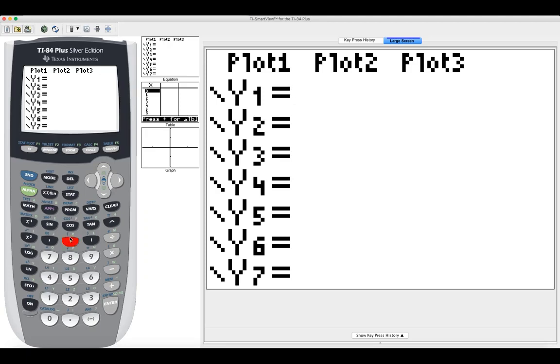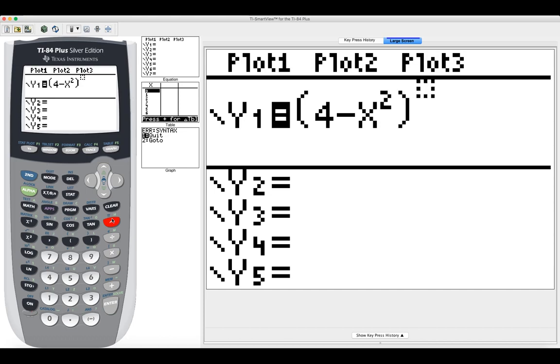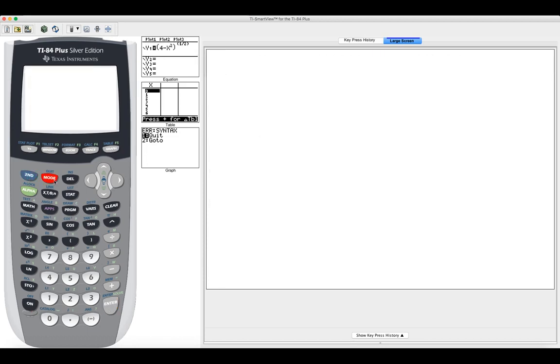So y equals, parentheses, 4 minus x squared, and then to the 1/2 power. And then I'm going to use fnInt. So I'm going to go second quit.